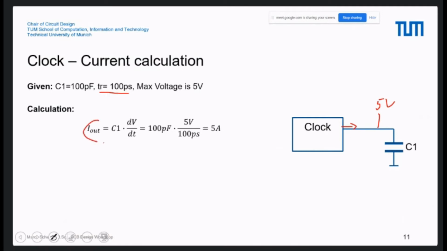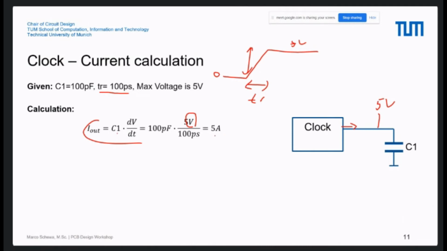You know that the current is defined as the capacitance times the change of the voltage divided by the change of the time. This time here is our rise time, the step here is 5 volt, from 0 to 5. So dt is the rise time and dv is the step voltage from 0 volt to 5 volt. And from these given values, we need then 5 ampere.